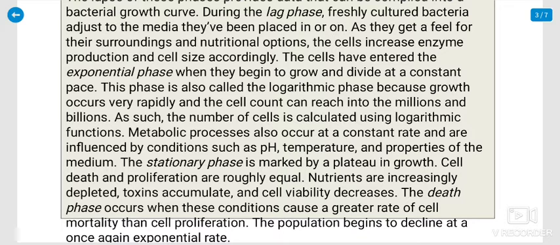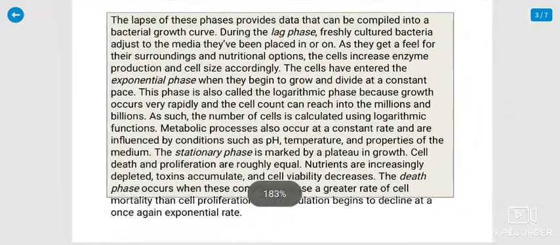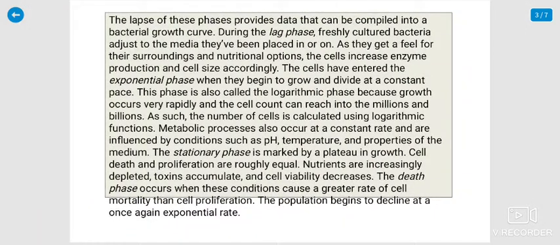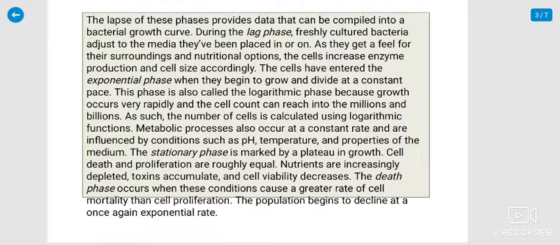The death phase occurs when these conditions cause a greater rate of cell mortality than cell proliferation. The population begins to decline at, once again, an exponential rate. So these are all four stages, and what happens in each stage is clearly explained in this paragraph for future reference.